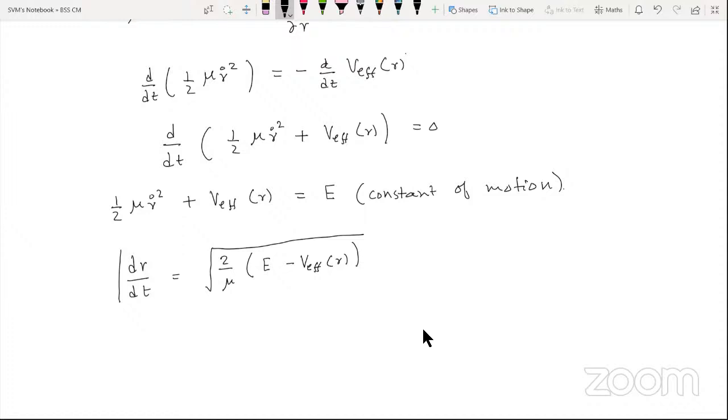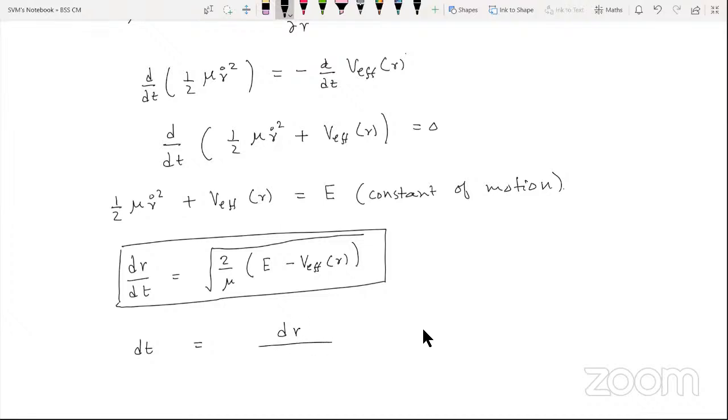So you can solve this first order differential equation by writing it in the following fashion. Let us say I have dt is equal to dr divided by the square root of 2 by mu into E minus V effective of R.